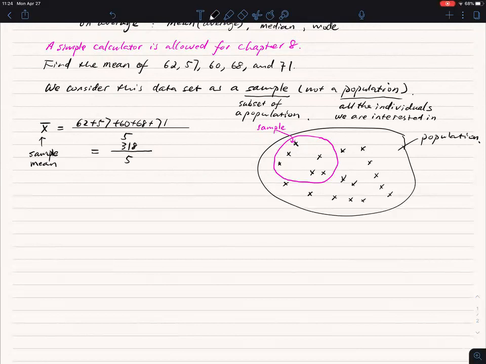How do we divide by 5? Let me tell you the quick way to do it, even without a calculator. You want to divide by 5? No, I don't divide by 5, I divide by 10. Divide by 10, I get 31.8.